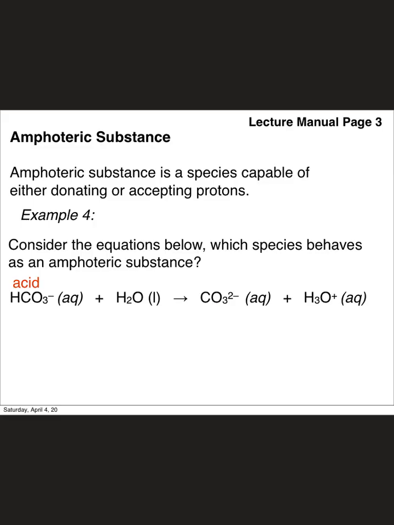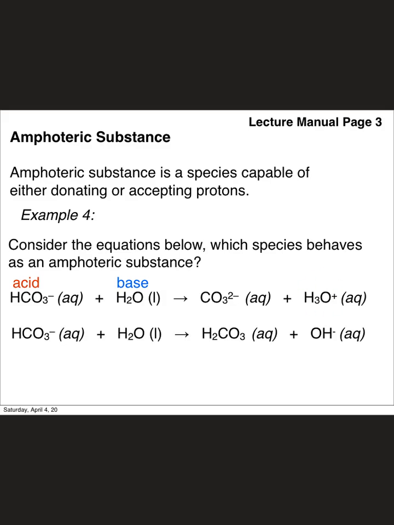It tells me that bicarbonate is donating a proton to water, so that's why bicarbonate behaves as an acid. And because water is accepting a proton from an acid, water in this case behaves as a base, and this base would have conjugate acid of a hydronium ion because it gained one more proton.